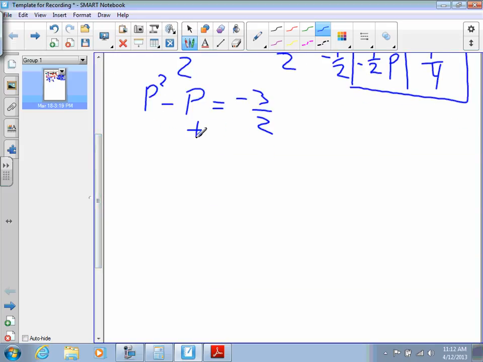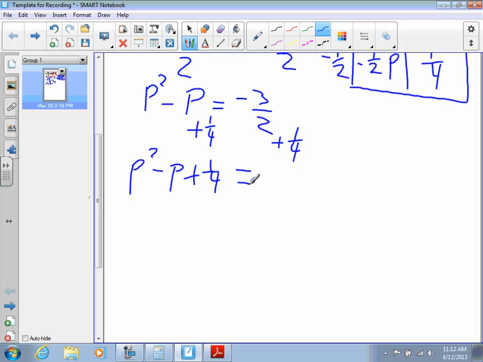So plus 1/4 and plus 1/4. When we do that, we're going to get p squared minus p plus 1/4 equals -3/2 plus 1/4.